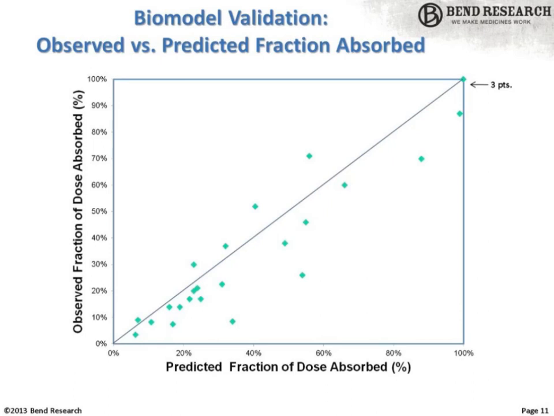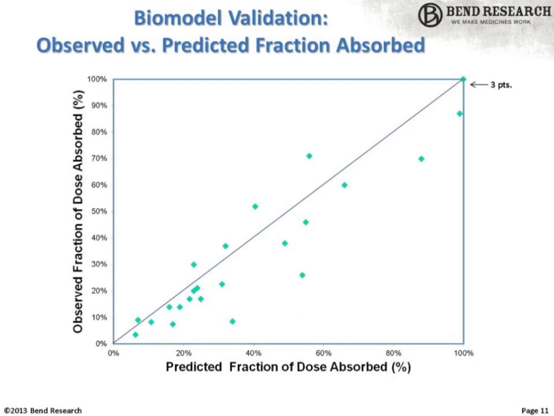We're simply looking at fraction of dose absorbed, and in this case, it's a very good prediction. So early on in the development program, some very simple physicochemical properties can be taken into account, and predictions can be made on what kind of improvements we will see in absorption.